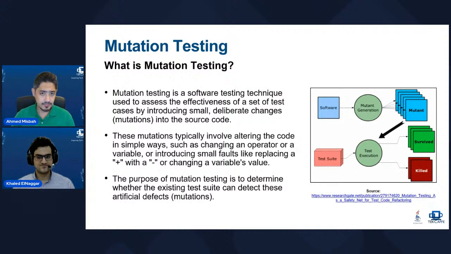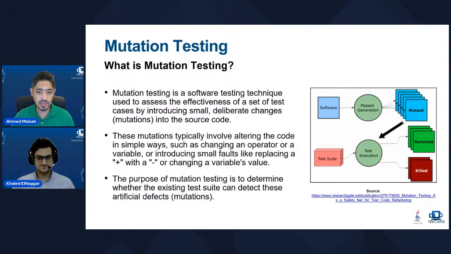These mutations alter the code in simple ways, such as changing an operator or a variable, introducing small faults like replacing a plus with a minus, or changing variable values, etc. Then they run the tests and see whether the tests pass or fail.